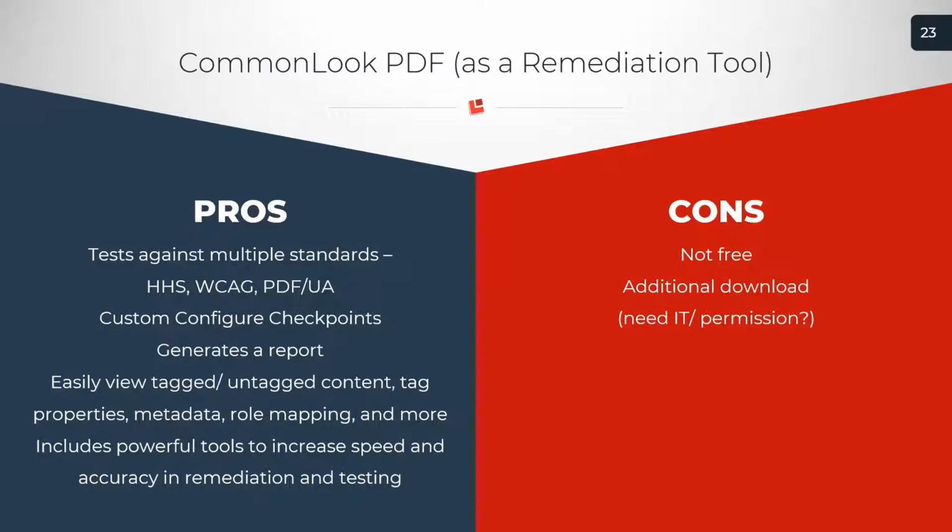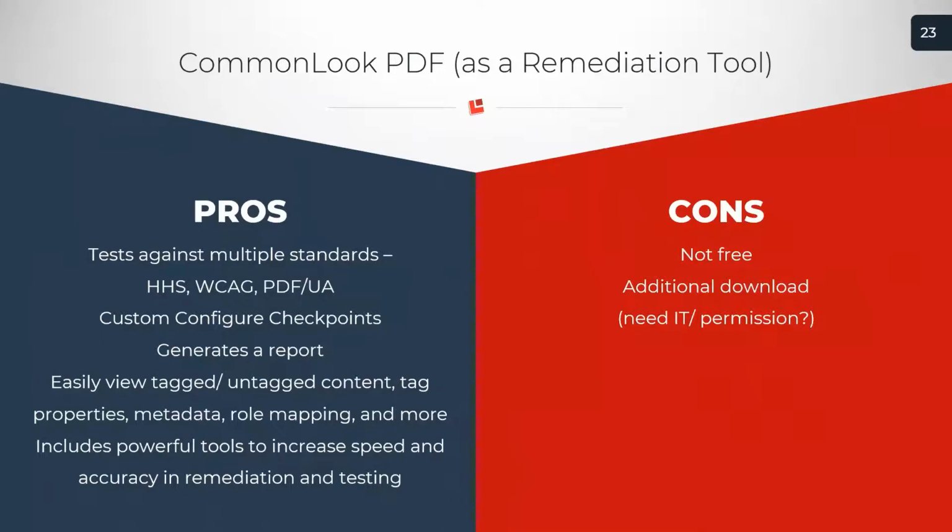It does generate that detailed report that we talked about, that proves you went through the file checkpoint by checkpoint of the standard and that you have passed or failed or made the changes necessary to meet the accessibility rules. It has a lot of powerful components that allow the remediation process to be a lot faster, a lot quicker, and a lot more accurate.